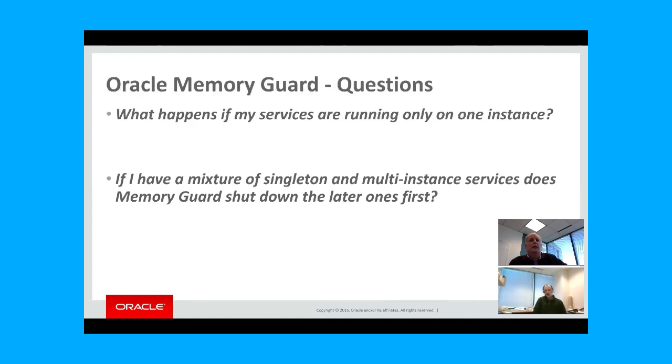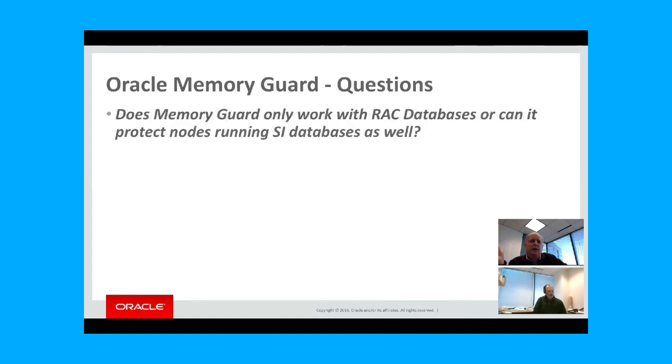I see. Okay, so when we talk about multi-instance databases, we presumably are talking about RAC databases, but I can actually have a single instance database running in a cluster, that is not a RAC database, or even RAC One Node. Does Memory Guard only work with RAC databases, or does it protect nodes that are running single instance databases, assuming clusterware is there?